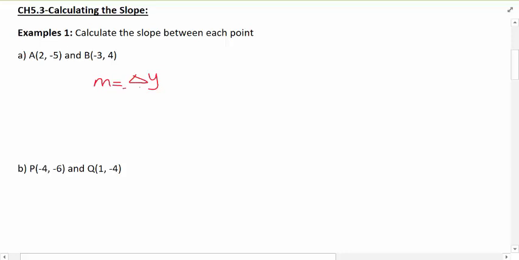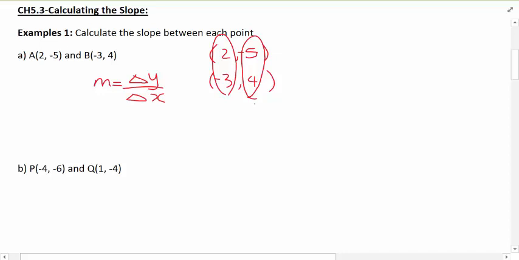Delta y over delta x. Again, if you're having trouble, put them on top of each other and circle them so that you don't make a mistake of what goes together. So these are your y's. These are your x's. So all of these should go on top, divided by all of those.